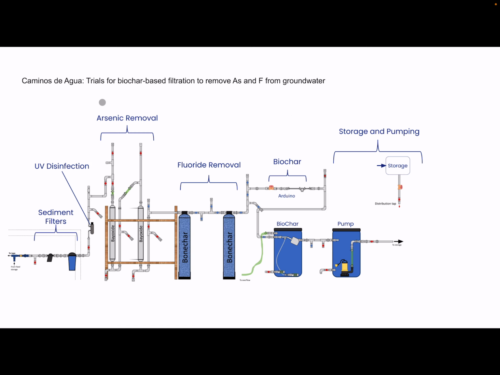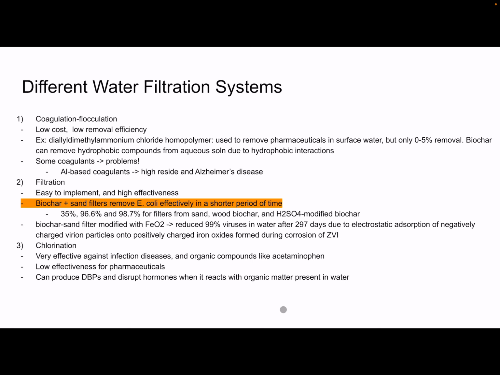This is another biochar-based filtration system used to remove arsenic from groundwater, and this was done in Mexico. So you can see here, this I believe includes more electrical components, and it has more advanced filtration systems included in it. And then this here just talks about different water filtration systems and compares between them.